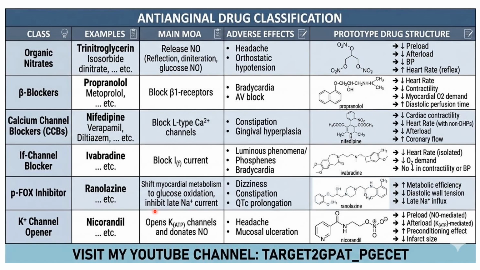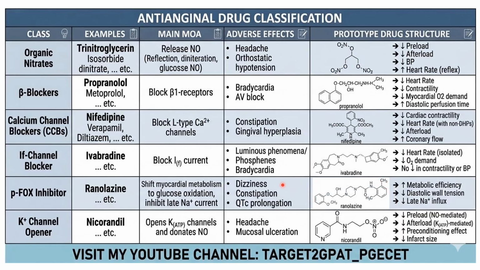Shift in the myocardial metabolism to glucose oxidation, because of which it exhibits its mechanism of action as anti-anginal here. It also inhibits the late sodium current here. And the cardiovascular effect specifically is decrease in the sodium ion influx, and the diastolic wall tension is decreased. Only increase here is metabolic efficiency. And the best example is ranolazine, and the chemical structure is depicted here for your easy quick revision.